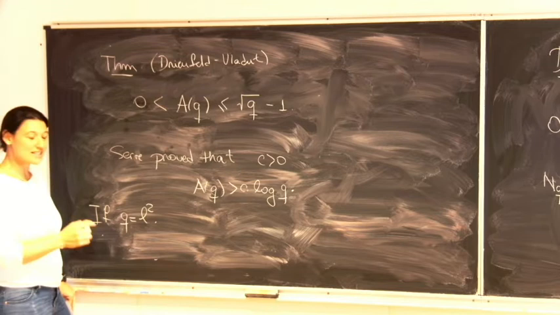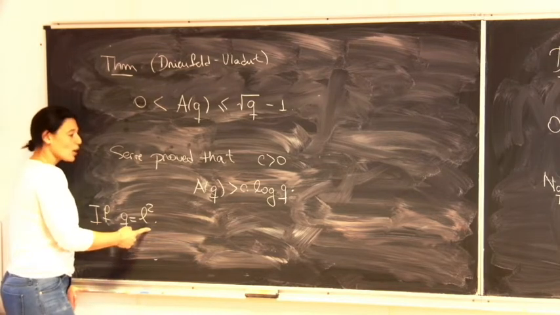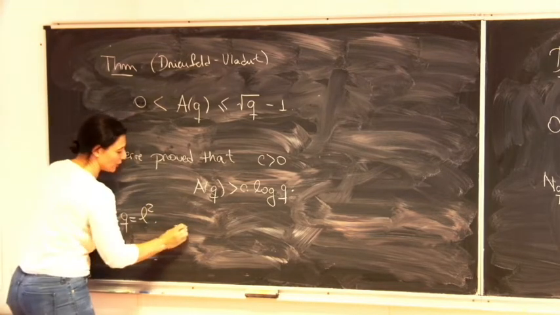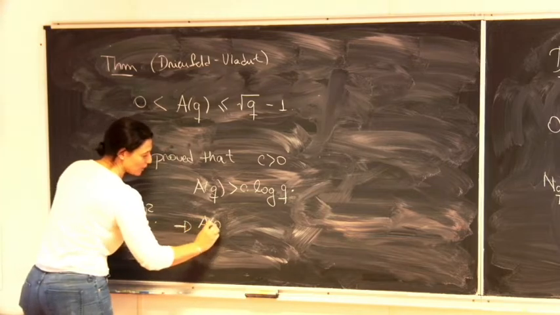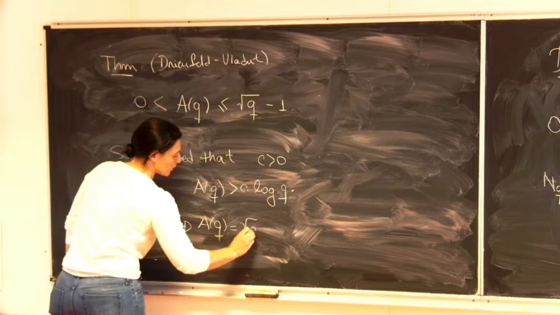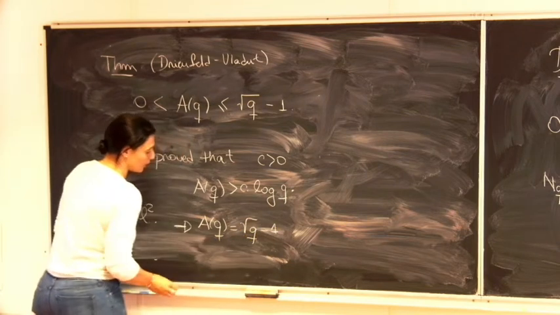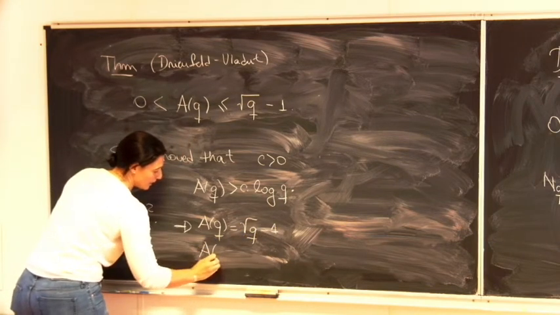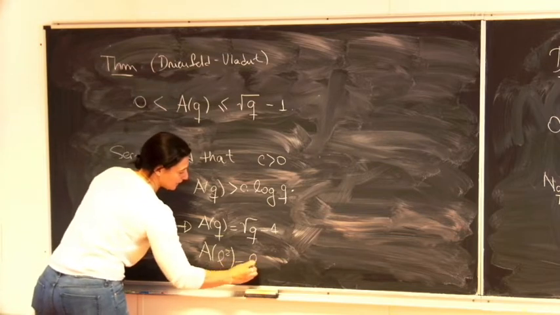So in the case of squares, we have exactly the value of A of q. In this case, we know that this is square root of q minus 1. Or if you want, A of l squared is exactly l minus 1.